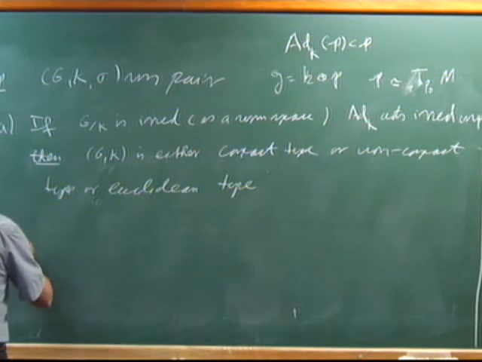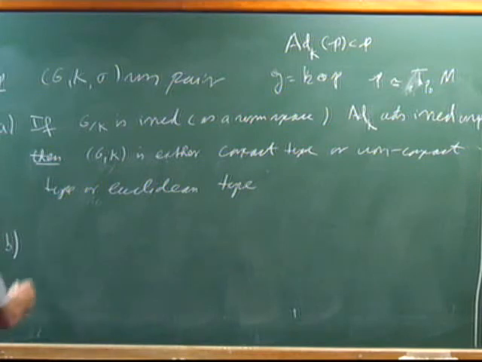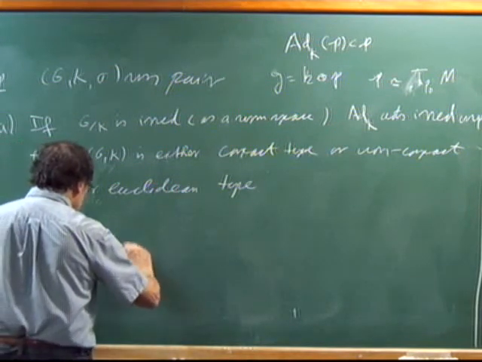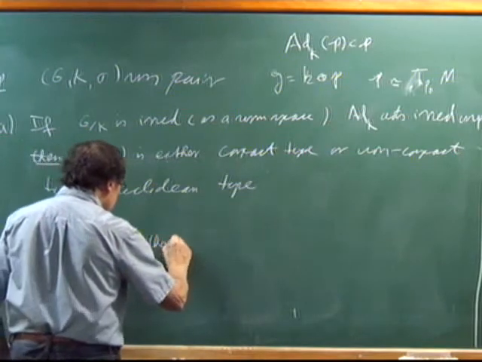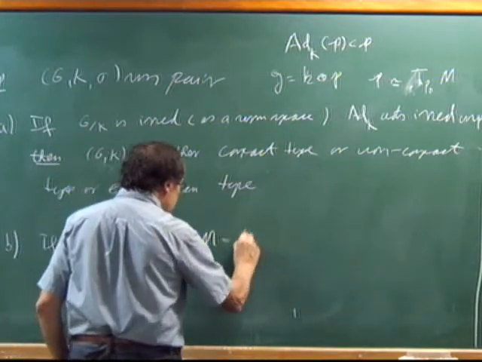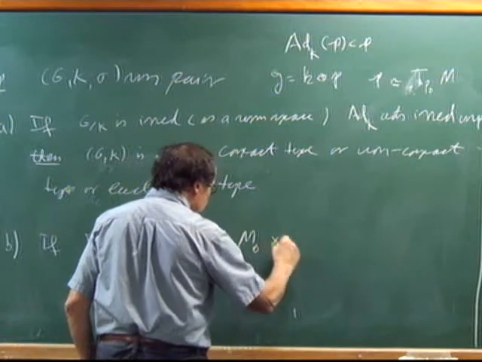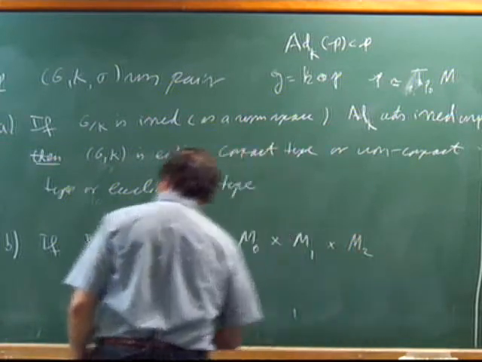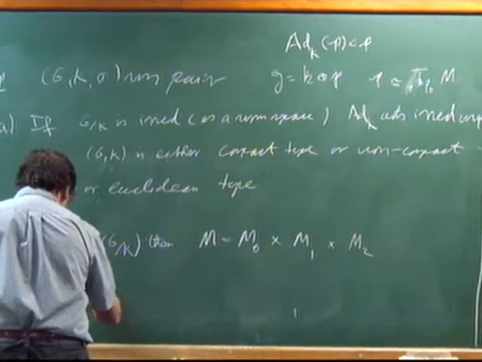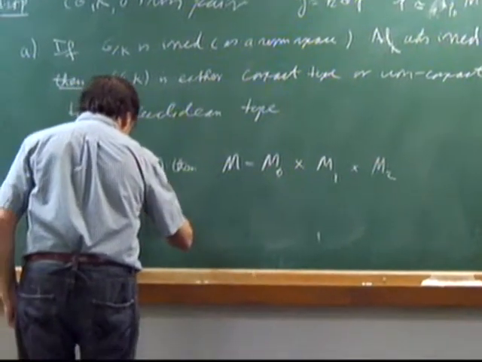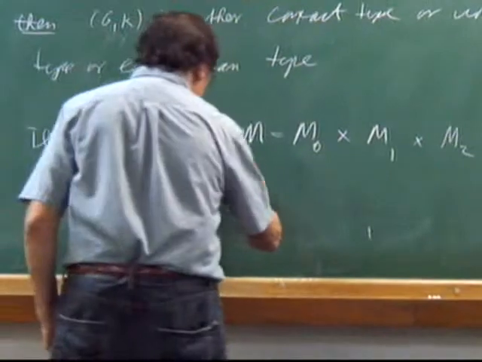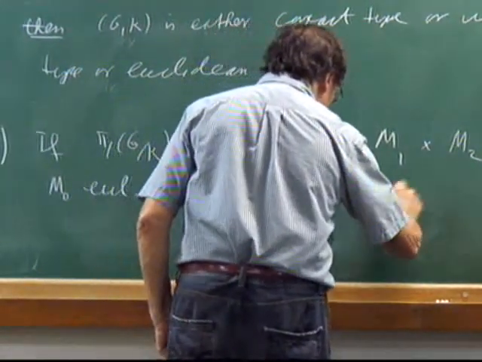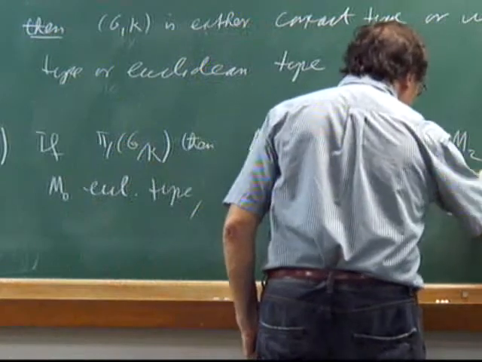As a consequence of what we did earlier, if the symmetric space is simply connected, then M is M0 cross M1 cross M2, where M0 is Euclidean type, and M1 is compact type, and M2 is non-compact type.